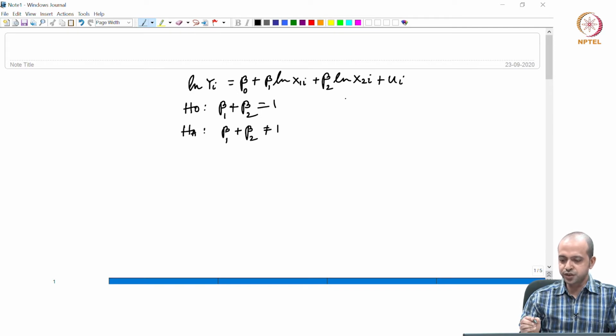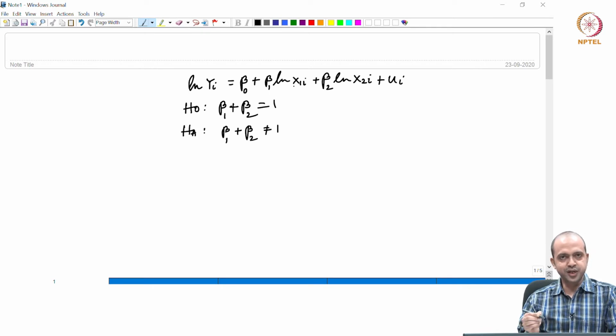That is why applying OLS to the restricted version of the production function is called the restricted least square approach. So, if you impose the restriction beta 1 plus beta 2 equals 1, you will get beta 1 equals 1 minus beta 2, or beta 2 equals 1 minus beta 1.